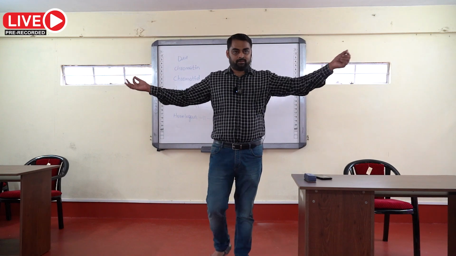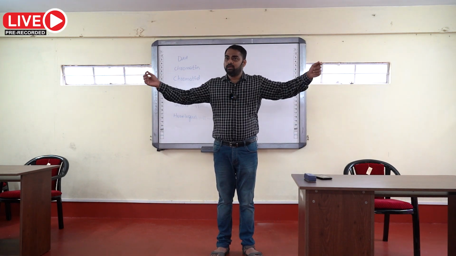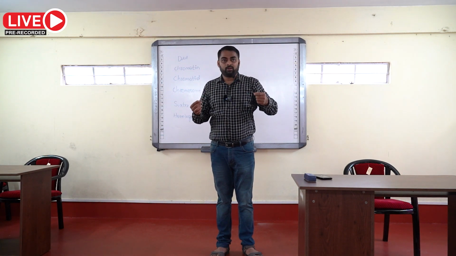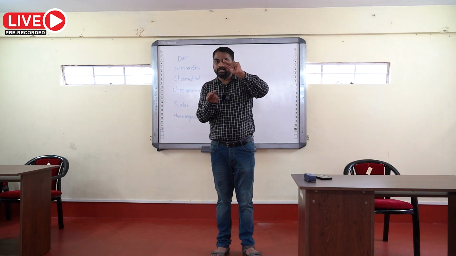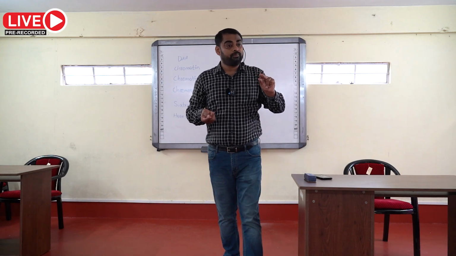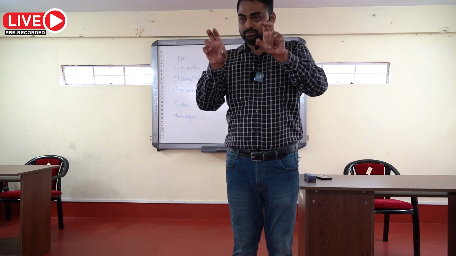Take a yarn. The woolen yarn. That is DNA. Coil it around balls. That is chromatin. Fold it and condense it. By folding it, that is chromosome. Take a photocopy of this.